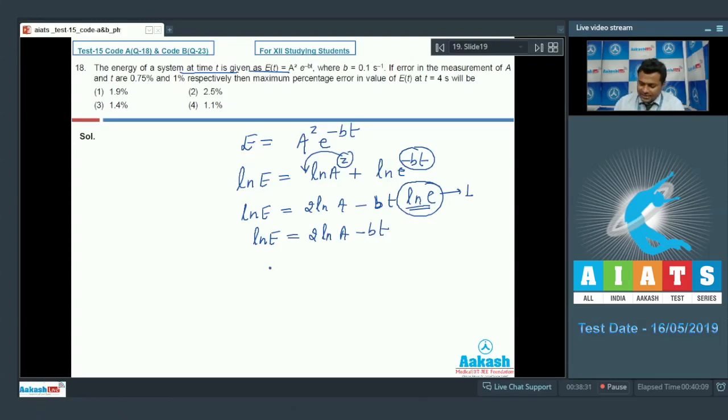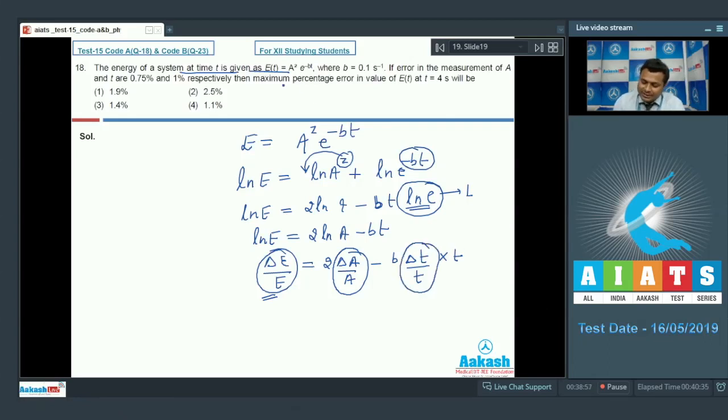Differentiating both sides, we will get ΔE/E equals 2 ΔA/A minus b times Δt. Now relative error in E, relative error in A, multiplying and dividing by t, relative error in t.